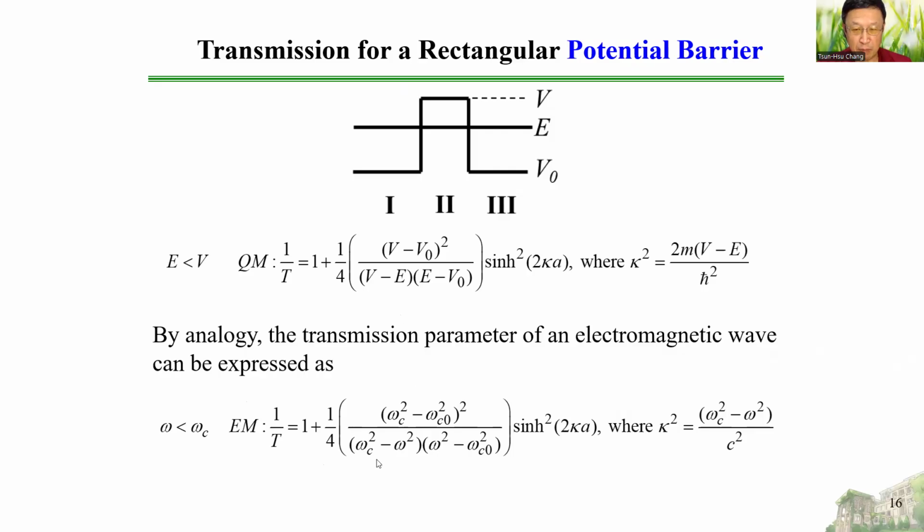Okay, just believe me, the derivation is correct. 1 over t, 1 plus 1 over 4. Coefficient the same. Sinh the same. Kappa, similar. Okay, looks similar, right? That's the transmission coefficient.